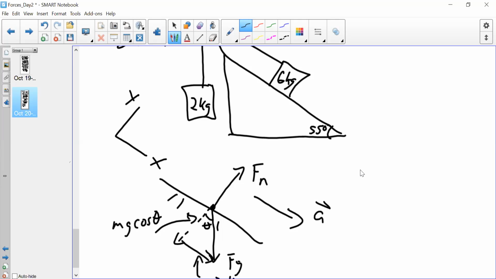Yeah, we're going to be doing that right now. So acceleration is going down the ramp, and tension is always going away from the object, toward the source of its tension, which is the pulley. So the tension is going to be going that way up the ramp.